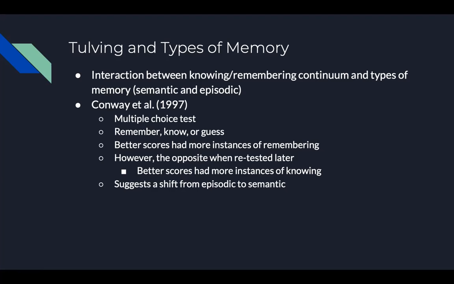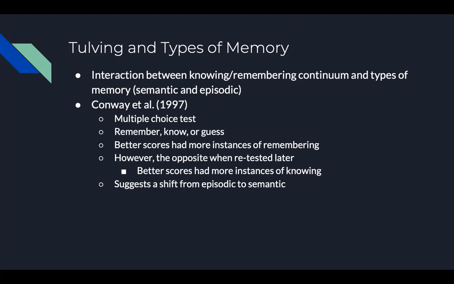When they came back after a time and took the test, those who performed better on the test reported more instances of knowing than of remembering. This suggested to the authors of the study that there was a shift in knowledge from being episodic in nature, right?